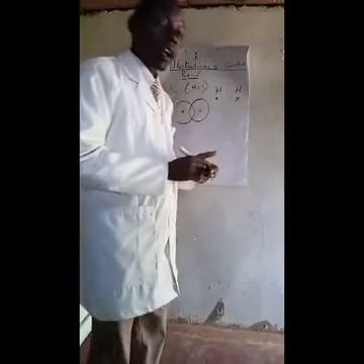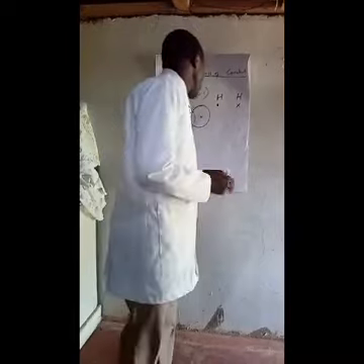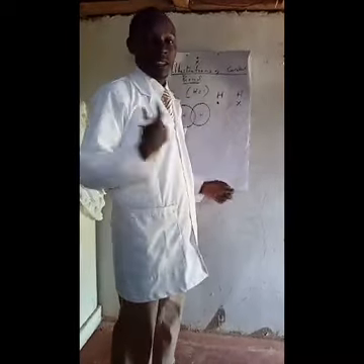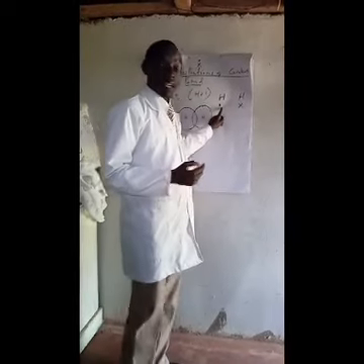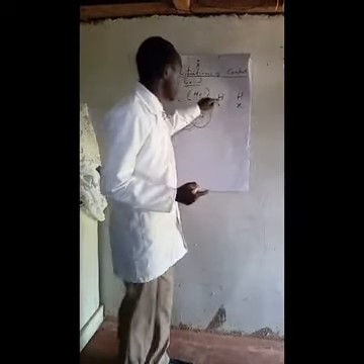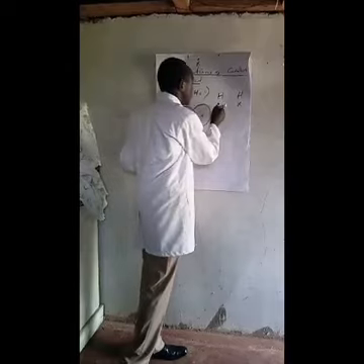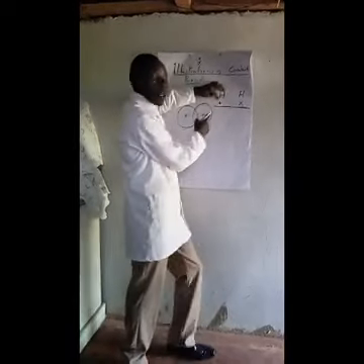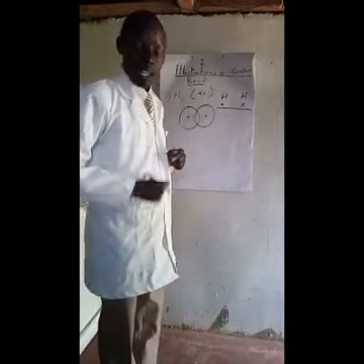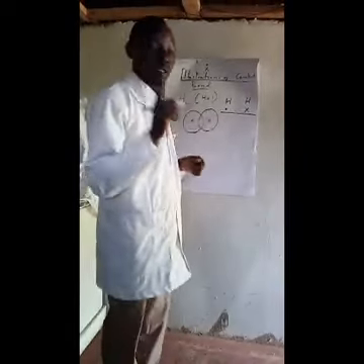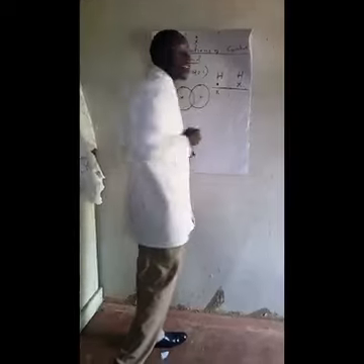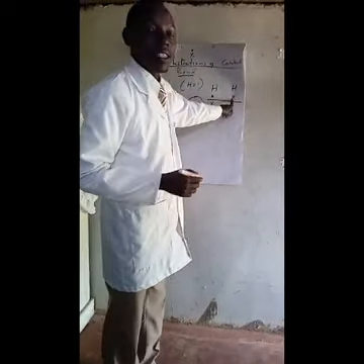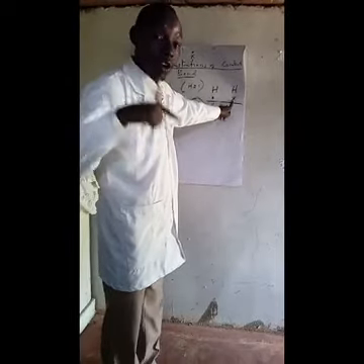Now, in order for hydrogen to be stable, it requires 1 electron. Because this one has 1 dot already, it requires 1 cross. This one has 1 cross, so it requires 1 dot in order to be stable.